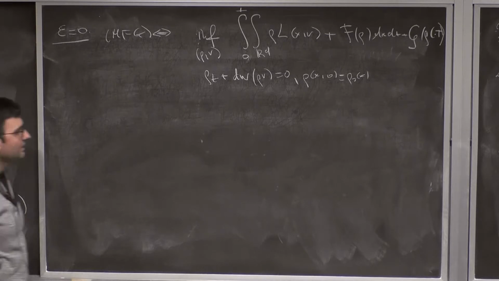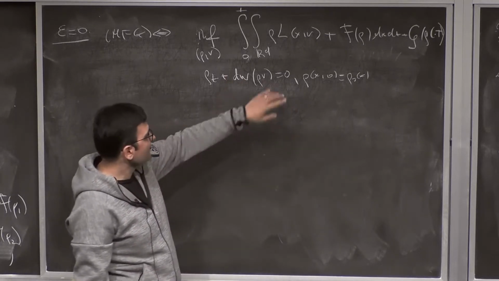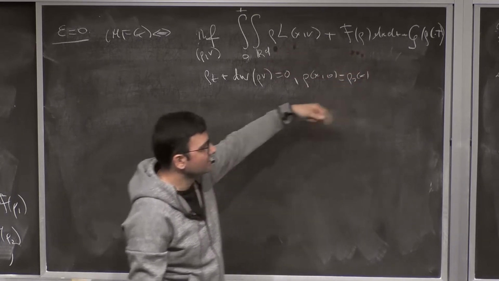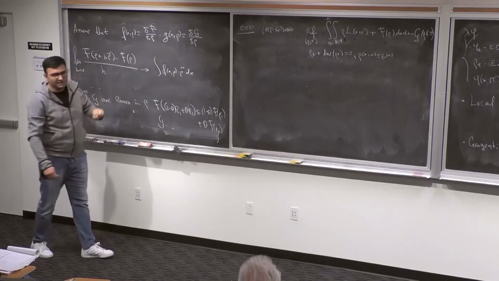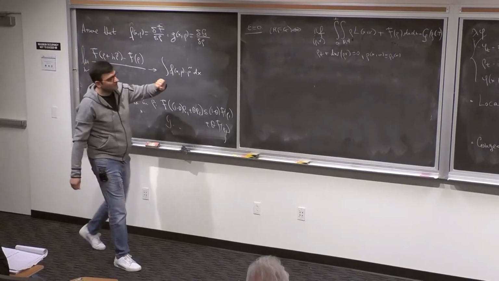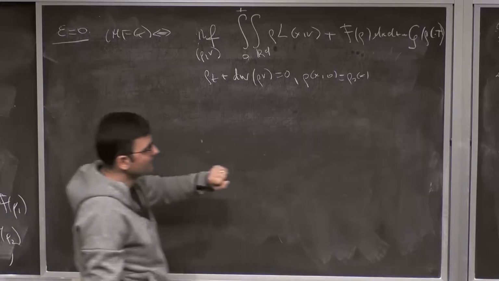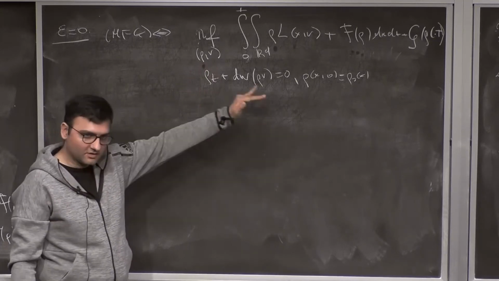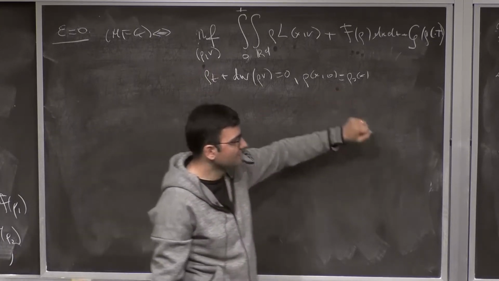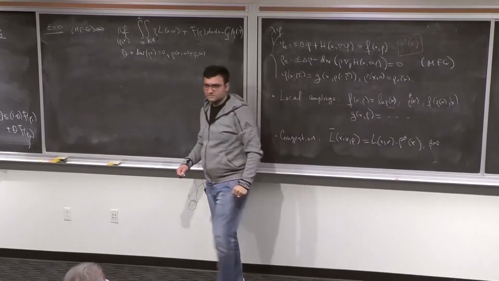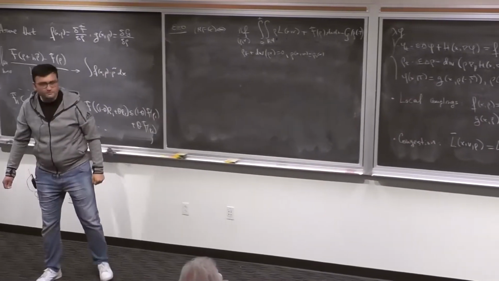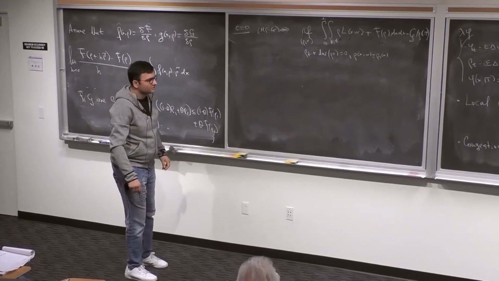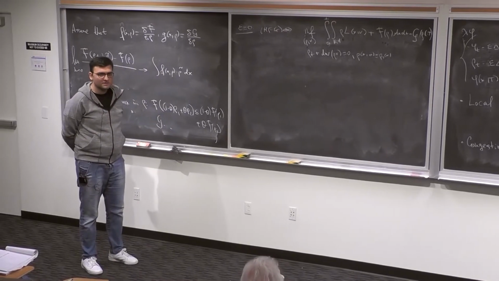We take this functional, which is given the following way. We integrate density against the Lagrangian, plus we take the antiderivative, more or less, of f, and for the terminal cost, we take this capital G, and we minimize over all pairs rho and v that solve the continuity equation with the given initial data. I'll do this calculation to convince you. Okay, so this is the statement.